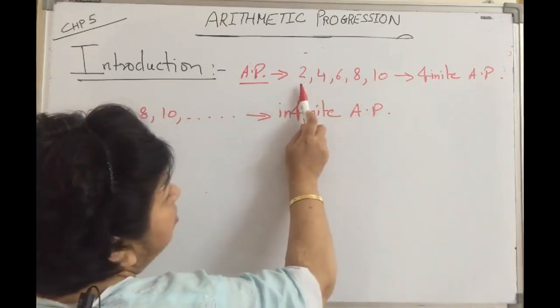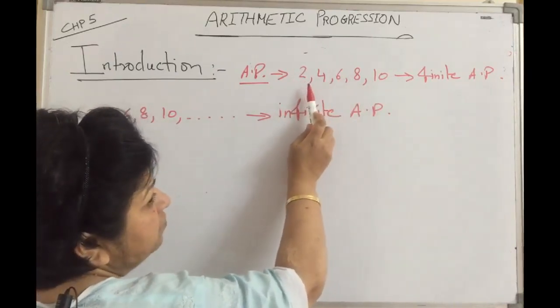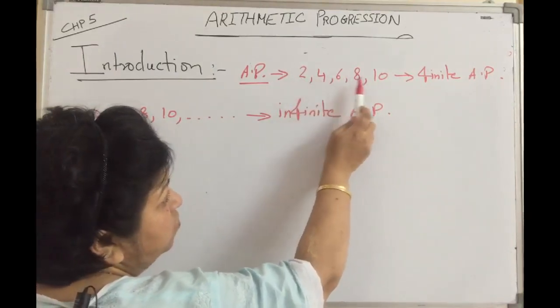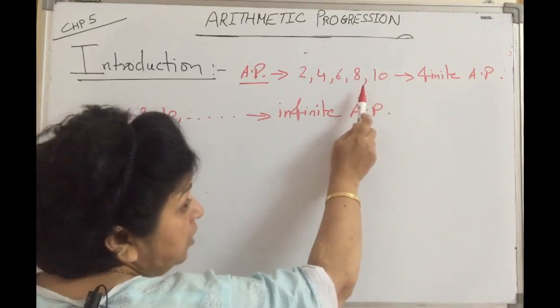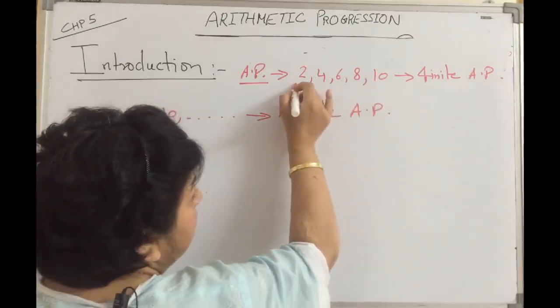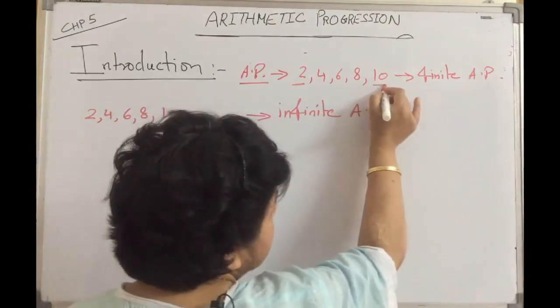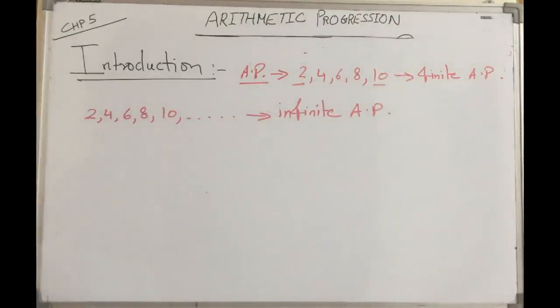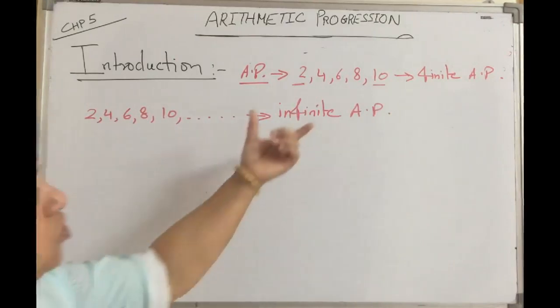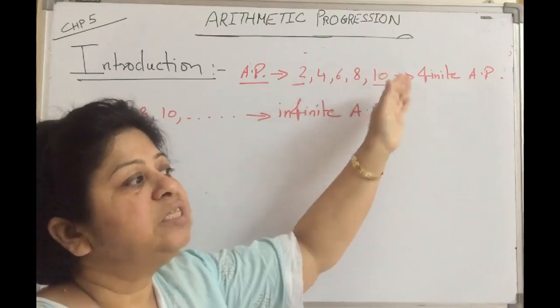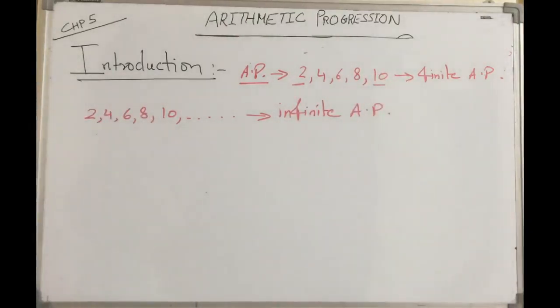The common difference between the consecutive terms is 4 minus 2 is 2, 6 minus 4 is 2, 10 minus 8 is 2. So the common difference is the same. We know that 2 is the first term and 10 is the last term. So the AP ends at 10, and the number of terms is 5. So it's a finite AP. The number of terms can be counted.